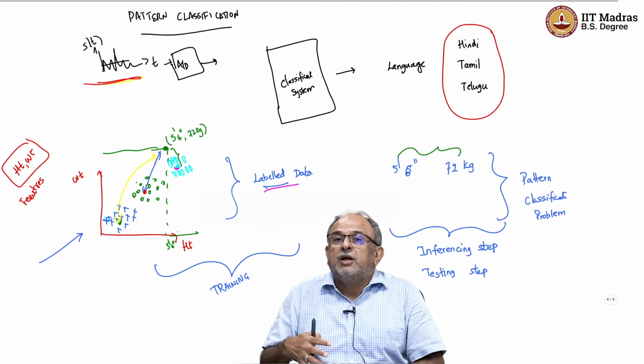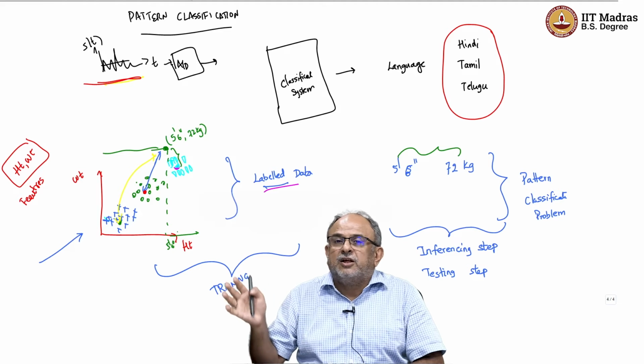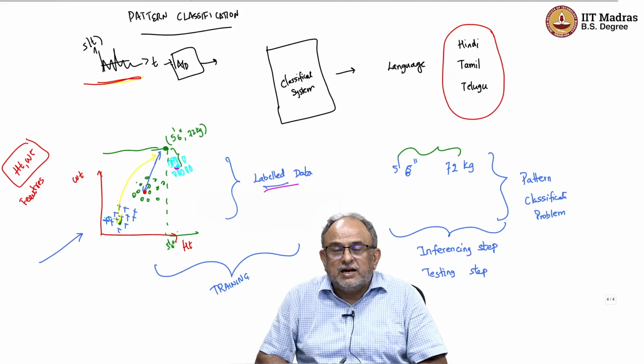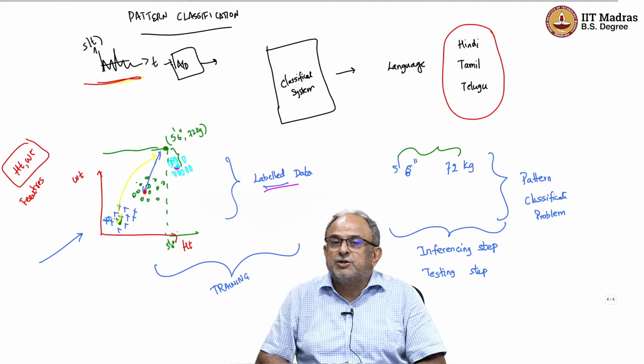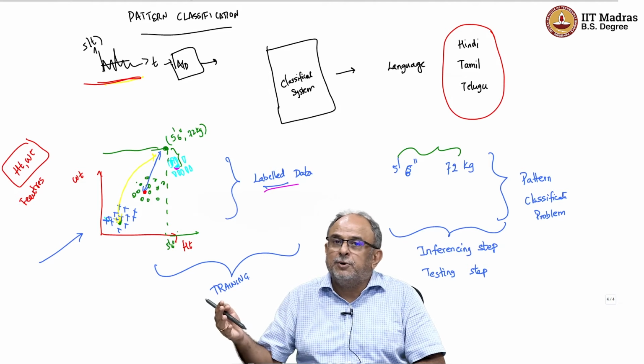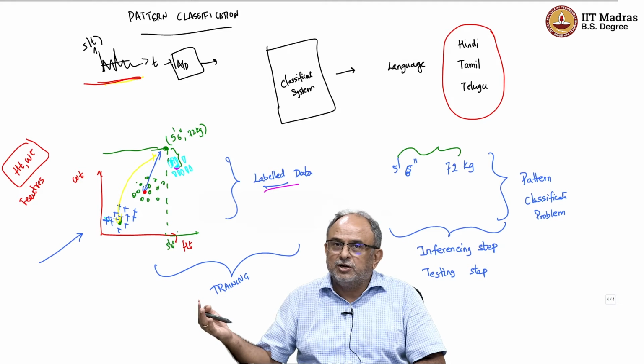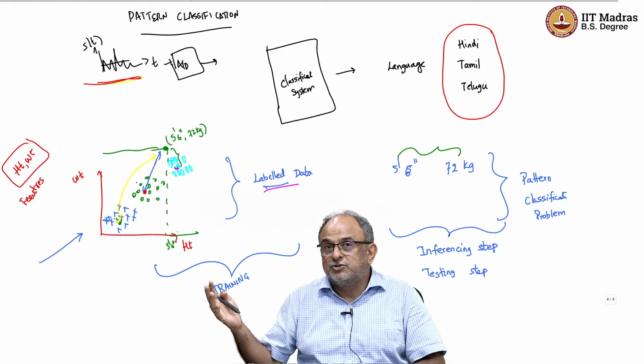Or if I know the language that the person can speak, that the person is a Hindi speaker, that is not good enough for distinguishing between a man, woman and child, because a child can also speak English or Hindi, a woman can also speak Hindi, a man can also speak Hindi.